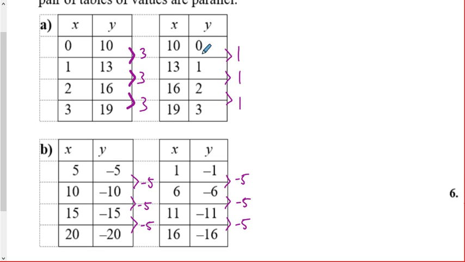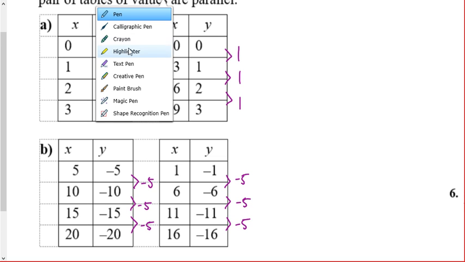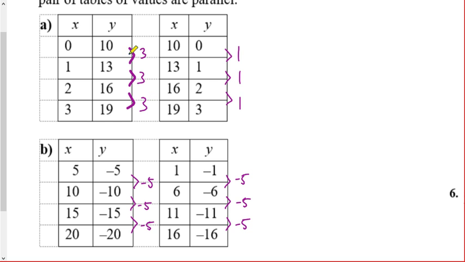So what did I learn from this? Well, by looking at my first one, the first one has a slope of 3, the second one has a slope of 1. These are not the same. So not parallel lines. What about my second one? Slope is -5, slope is -5.